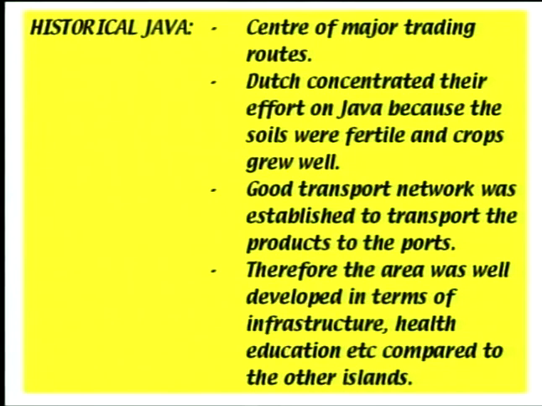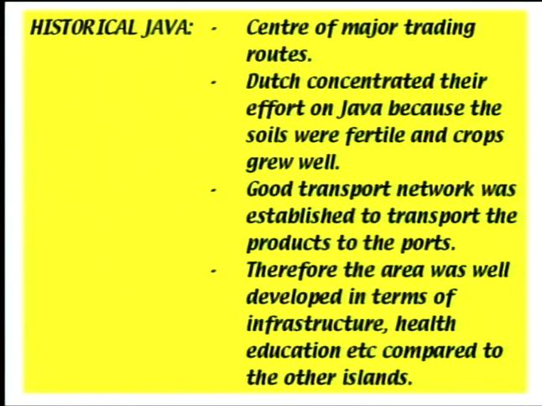Therefore, from the railways and roads that were built, it meant that infrastructural developments, health, education, etc., were established more quickly and rapidly on that island compared to the other outer islands of Indonesia.